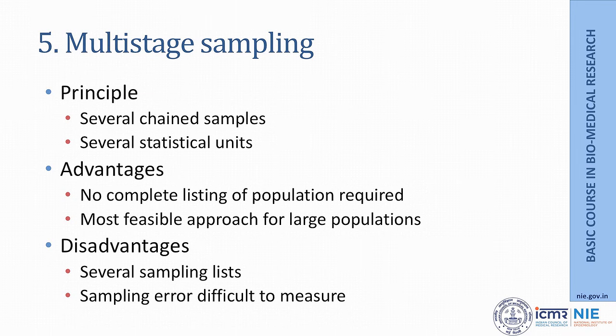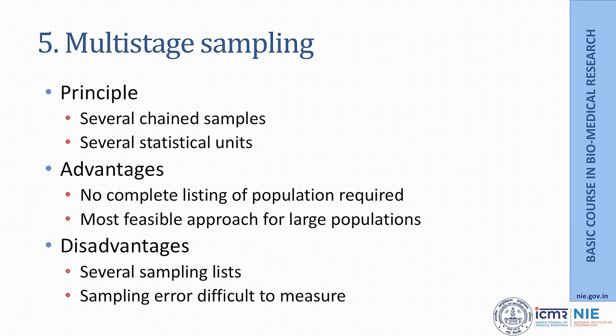Another important sampling methodology that is often employed is called multi-stage sampling. In multi-stage sampling, especially in a very large setting, suppose you want estimates at the national level, you need to do sampling in several chained samples, and several statistical units are involved.